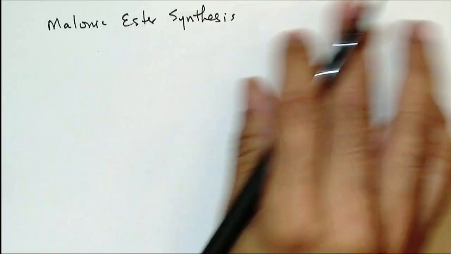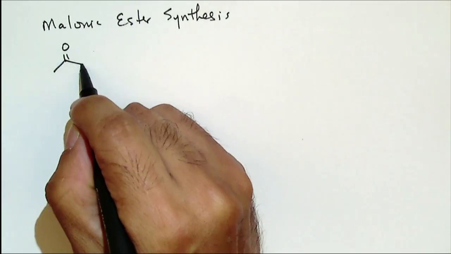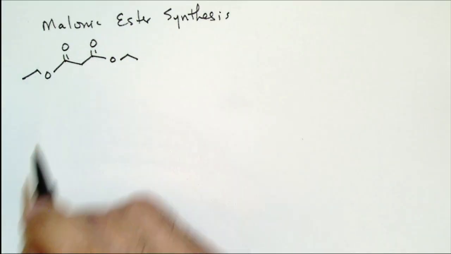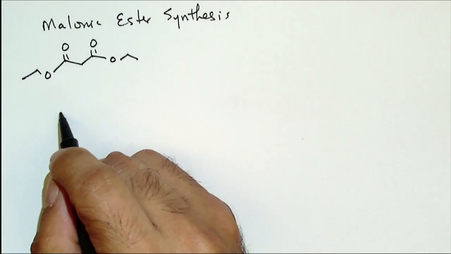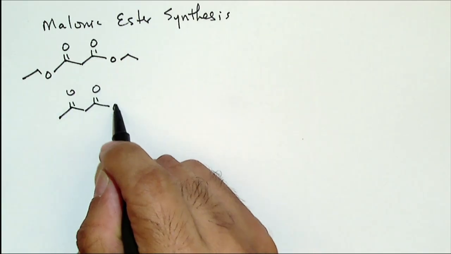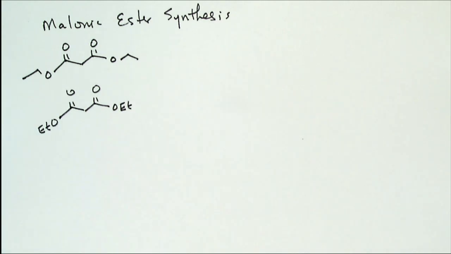So this is what malonic ester happens to be. So in malonic ester, it's a diester. I have this situation. So this is normally just written for short, instead of writing it out in its full glory, we just say OEt for the ethoxy ester, the ethyl ester.